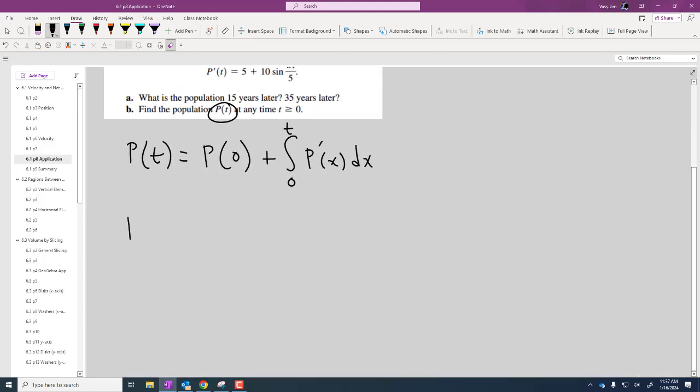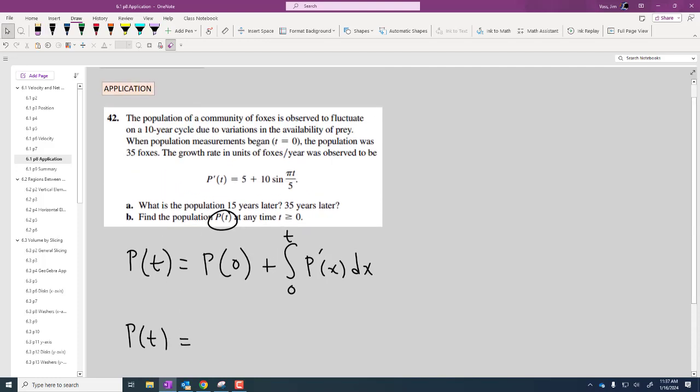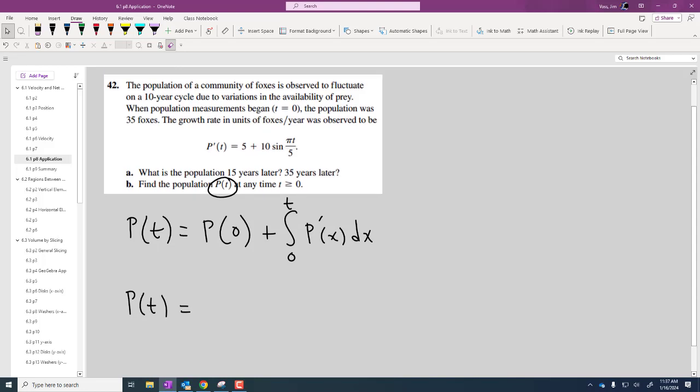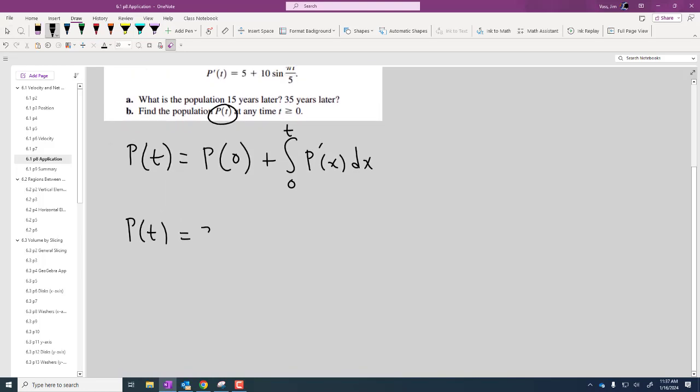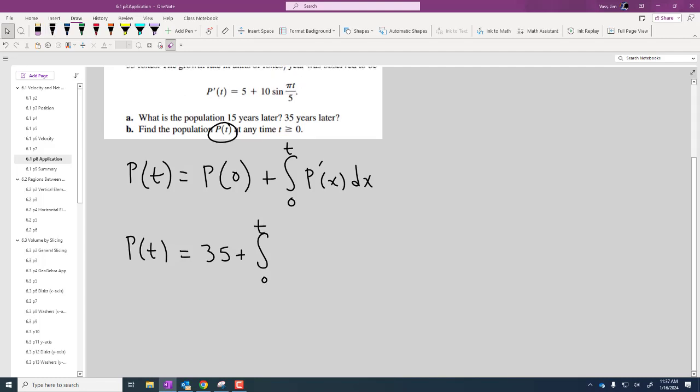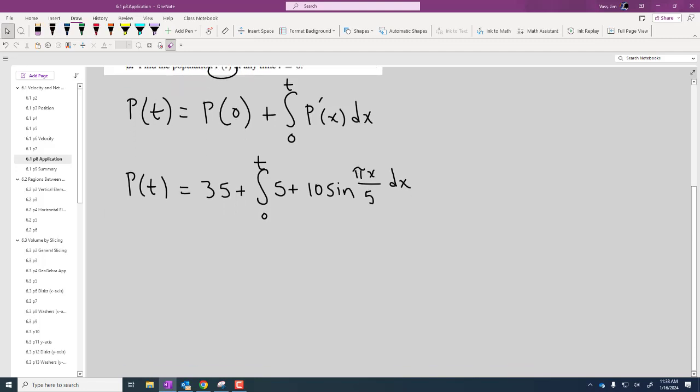So then our future population is, how many foxes did we start with? 35. Thank you. So 35 plus the integral from 0 to t. Now in here, we're going to plug in our P prime and just replace the t's with x's. So we're going to have sine of pi x divided by 5 dx.